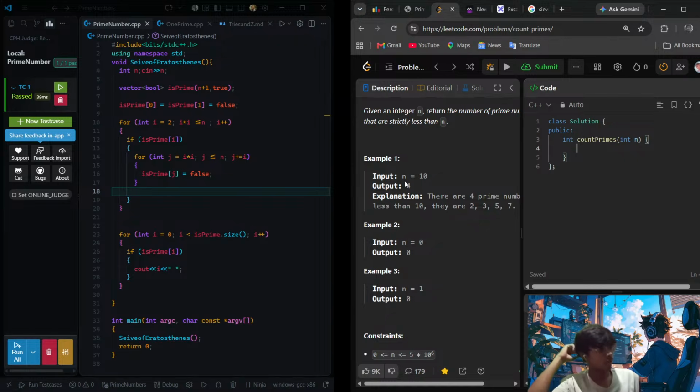One thing we can do is start from 2, or start from 1, and go till n, and check if that number is prime or not. If it is prime, I will increase the count. The time complexity of that code: every time we check if a number is prime or not, it takes root n time.